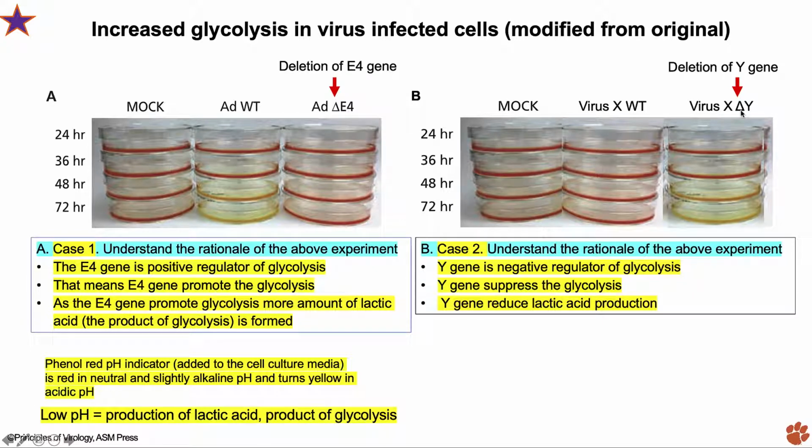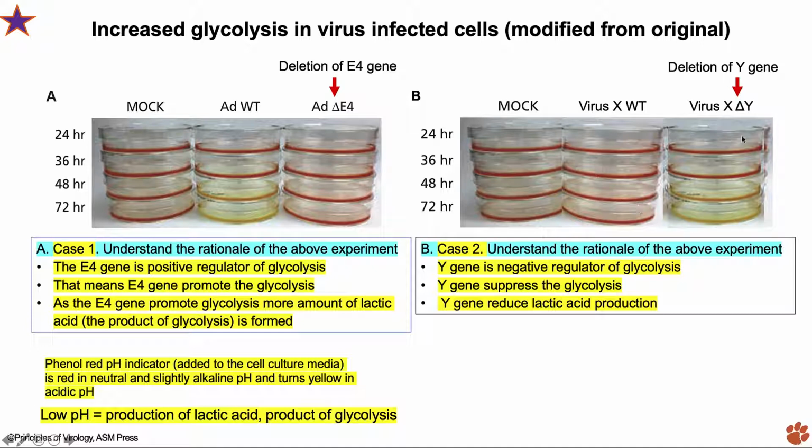Now, you have one specific gene of the virus, say a Y gene, and delta Y means that you have deleted this Y gene. If you have this mutated virus and do the experiment, what you see is that after 48 hours, there is an appearance of yellow color in here. So this is different from this. See that this is just swapped.